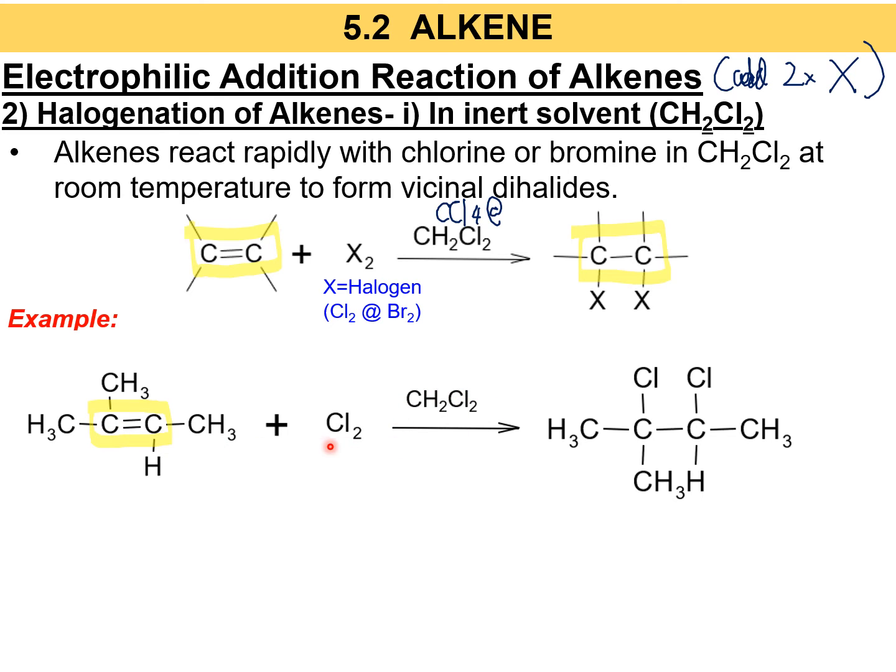So bila you nampak saja this kind of combination, you will know that this is halogenation of alkenes in inert solvent. Therefore, dekat each of these carbon atom, you kena add halogen. Halogen atom yang digunakan kat sini ialah Cl. So this carbon will get Cl and this carbon pun will get Cl. Okay. So daripada double bond, jadilah single bond and each of them dapatlah Cl atoms.